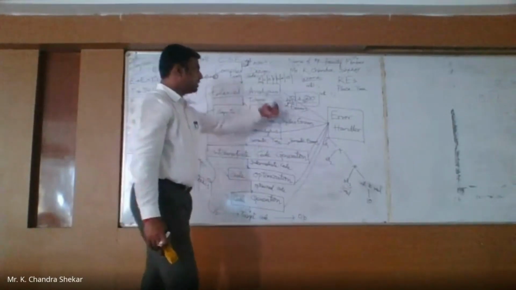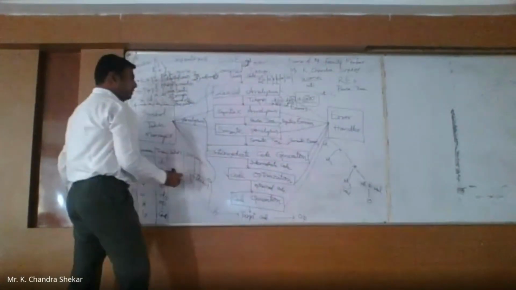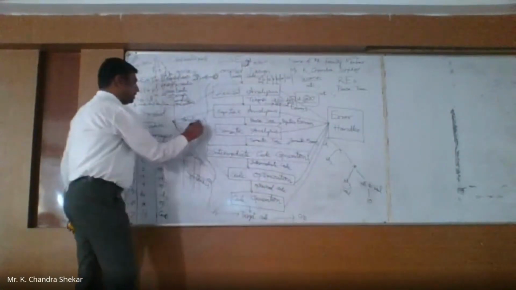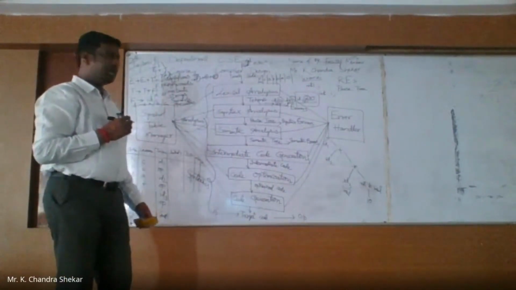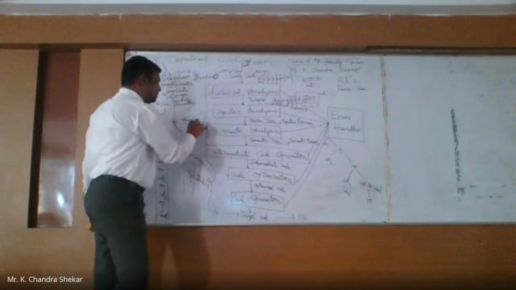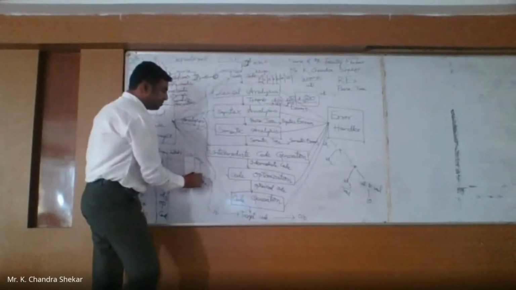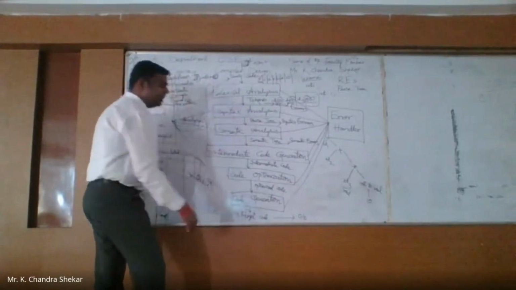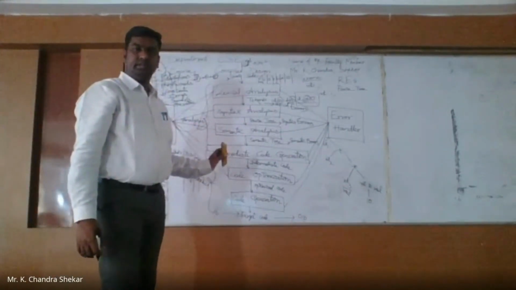These kinds of errors are handled by the error handler, and error handling will be done mostly at the analysis phase itself, because the analysis part deals with the source program constructs, and the synthesis part concentrates on the target program constructs. Clear, all of you?